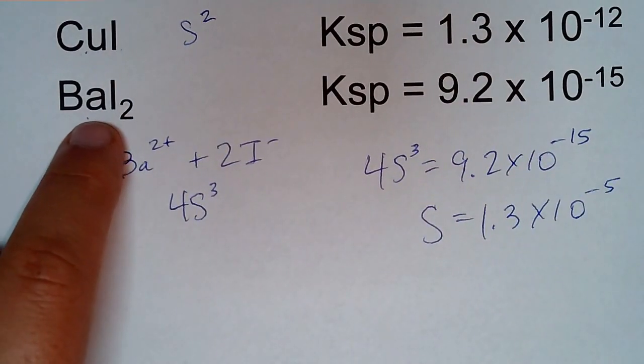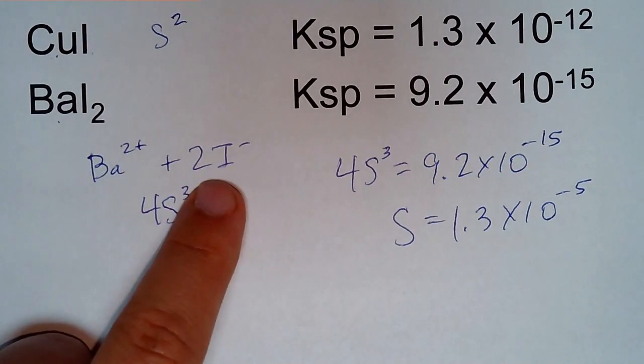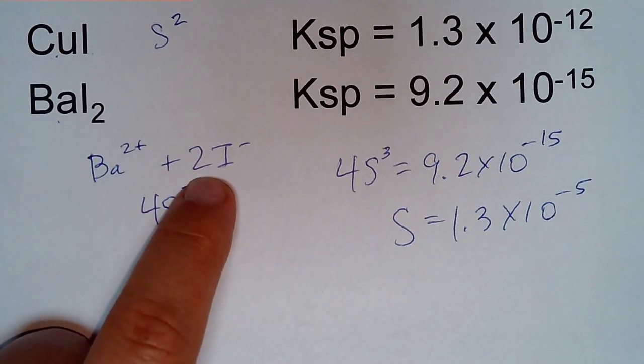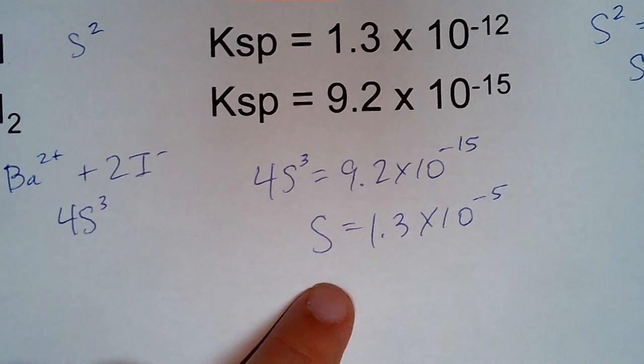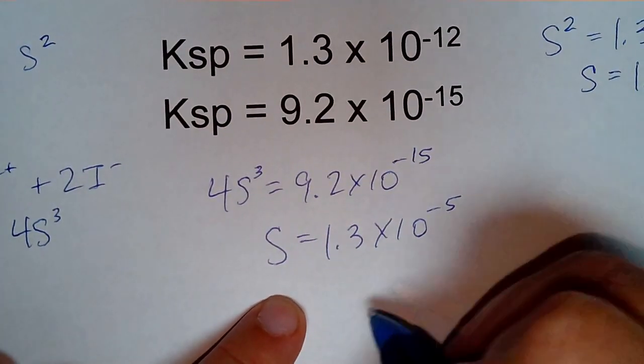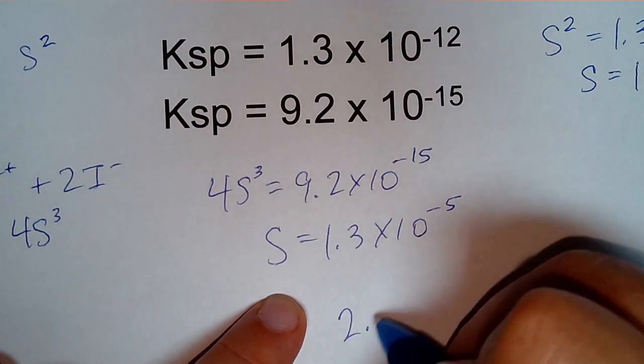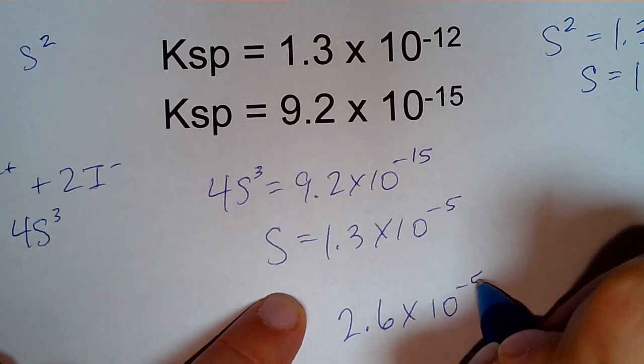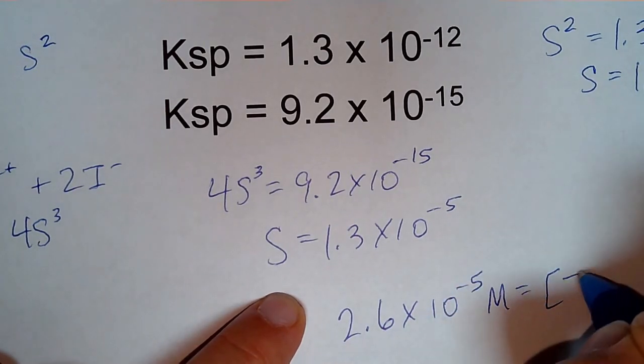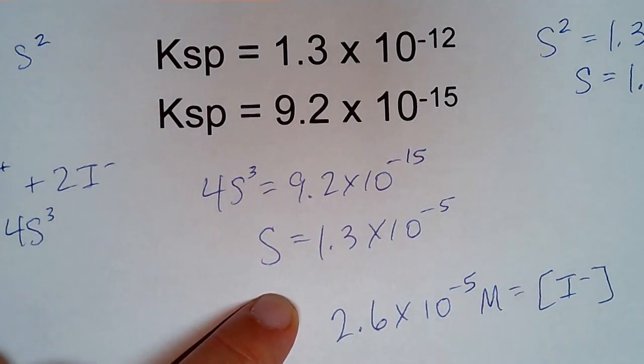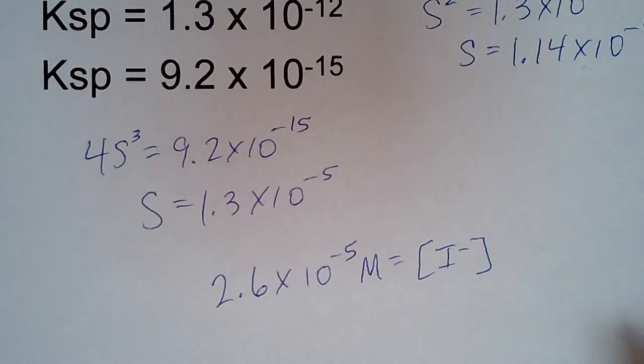So we would need to multiply this by 2 in order to get our value. So 2.6 times 10 to the minus 5 is increasing the one that was already larger. So our barium iodide would have a larger I minus concentration than the copper.